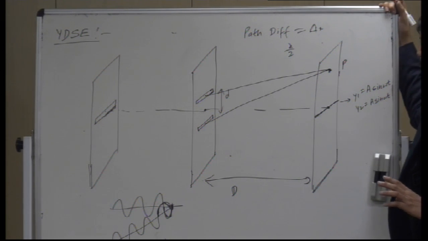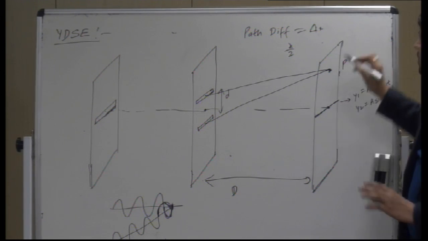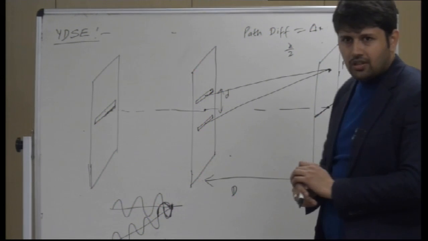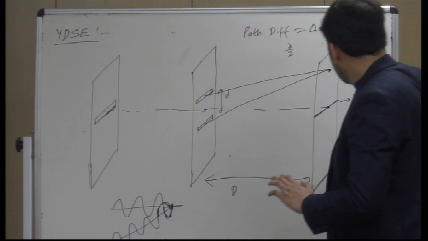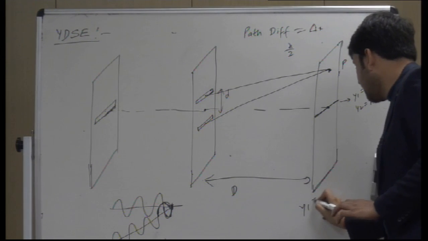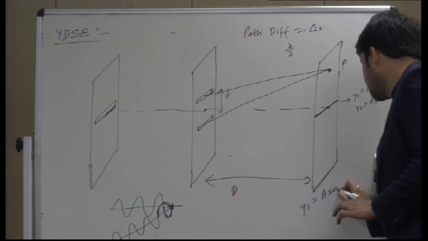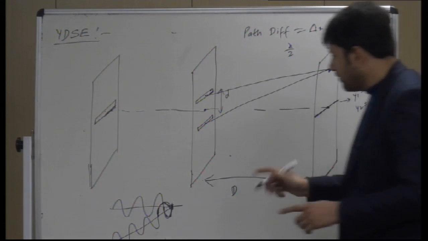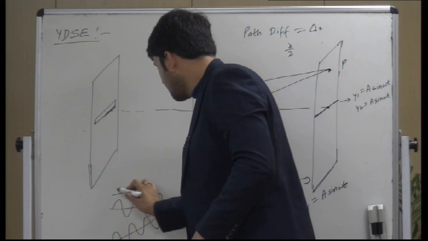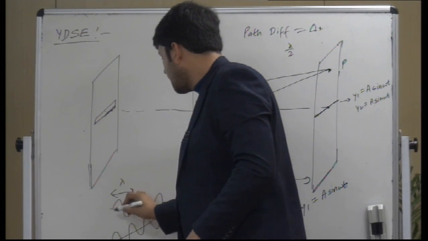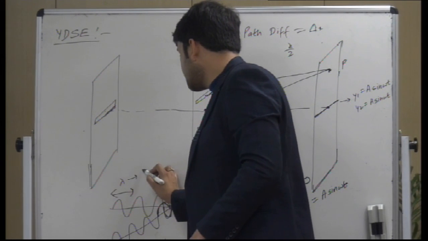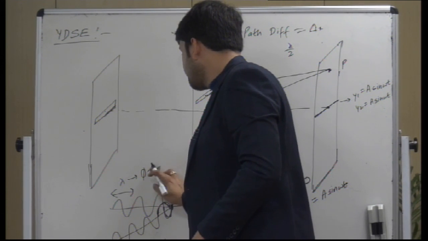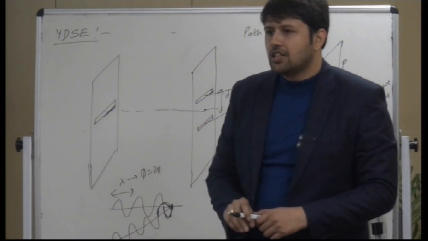Now let's discuss it from our wave point of view. You remember that we considered wave 1 as A sin omega t. In one wavelength, do you remember, a wave covers 2 pi phase. What does it mean?